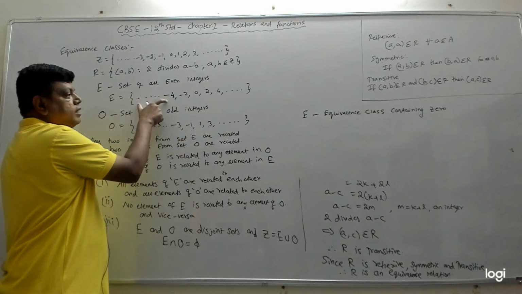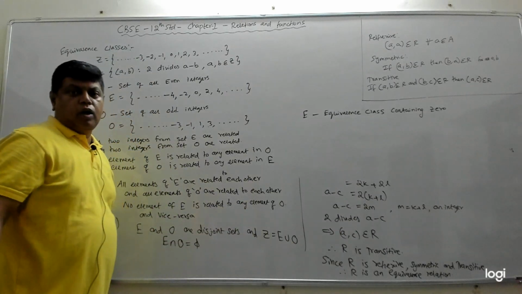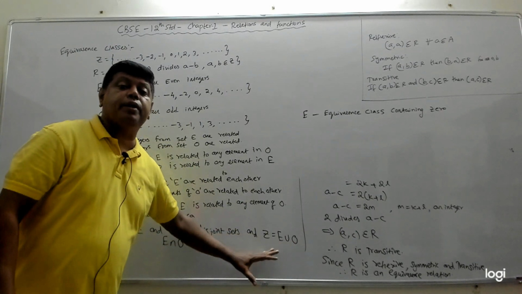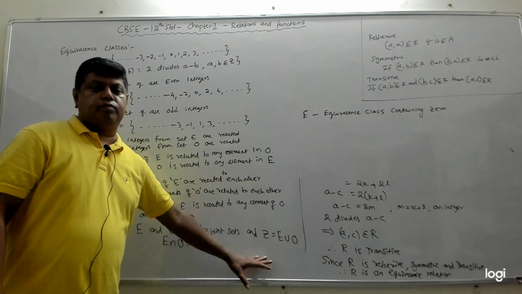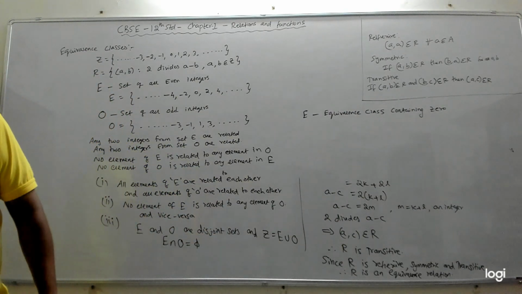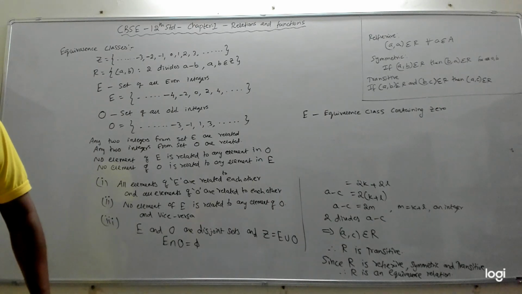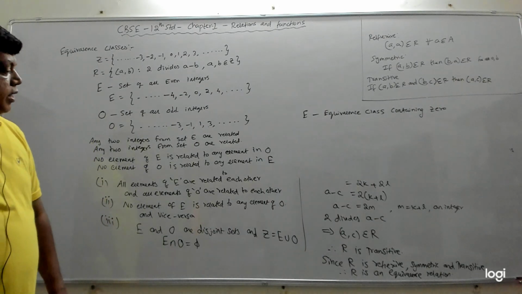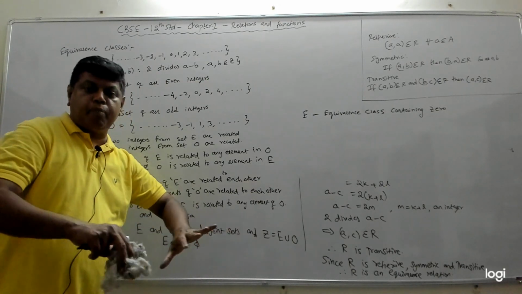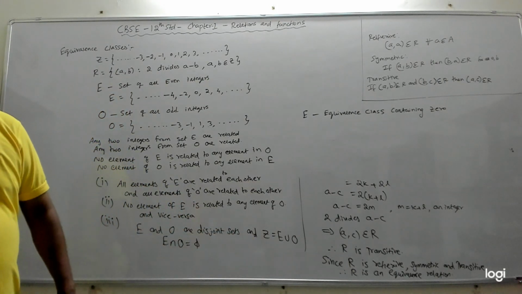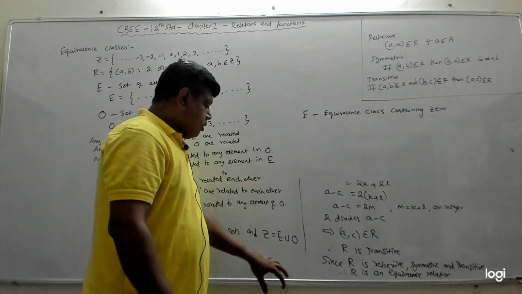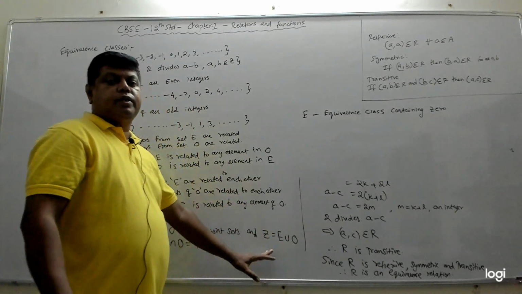So this set E is called an equivalence class. And also we say that these two sets form a partition for Z, or they divide the set Z, or they form a division for set Z.